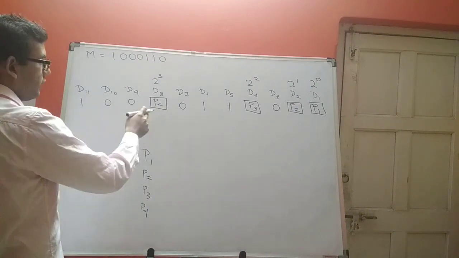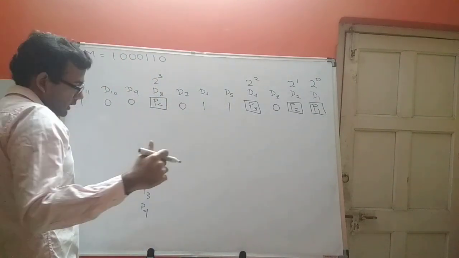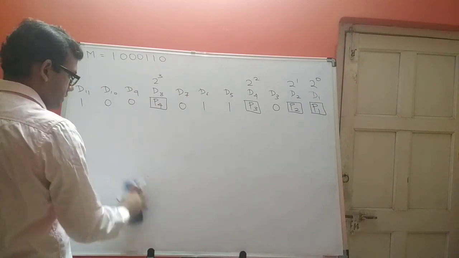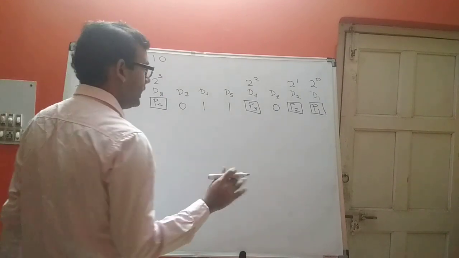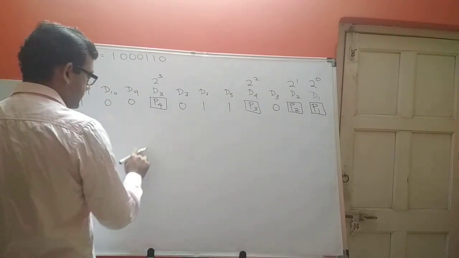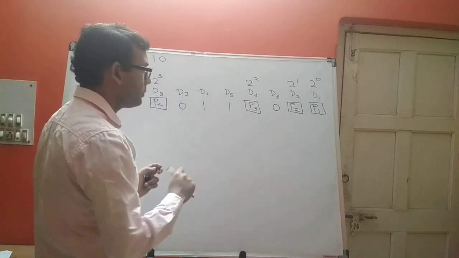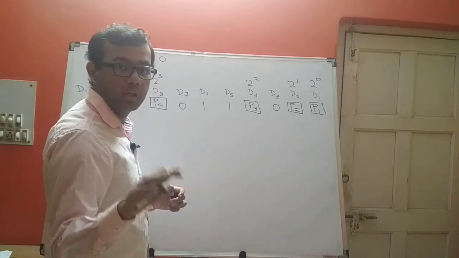Now I need to find the values of P1, P2, P3, P4 like I showed you in the previous numerical. So how do I find the positions? In order to find the positions, I'll take help of the table, right? The earlier table had 3 parity bits to find, but here I have to find 4 parity bits. So I'll construct a larger table, the table for a 4-bit sequence.